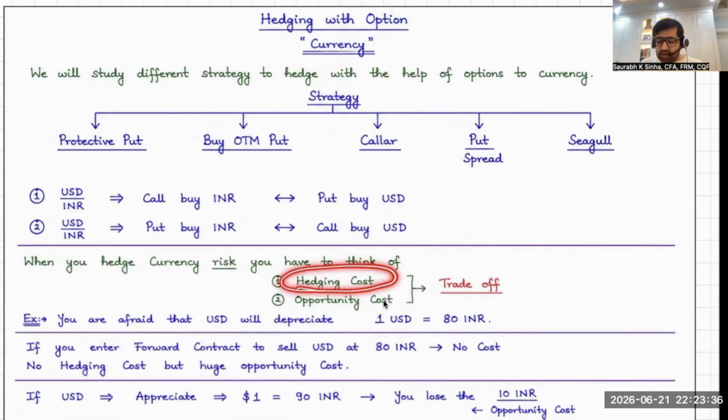One is the hedging cost, and another is the opportunity cost. Hedging cost is the price that you pay to hedge, and the opportunity cost is what you lose when you hedge. So there is always a balance that you have to maintain between hedging cost and opportunity cost. You will understand opportunity cost better as we deal with more examples.